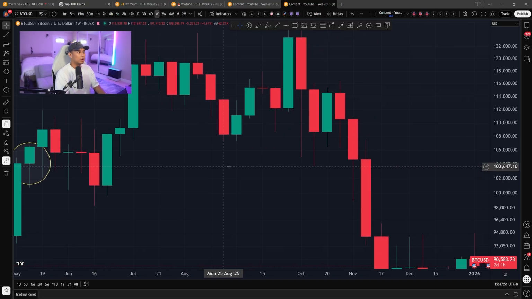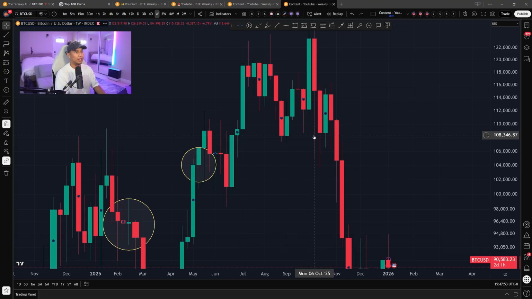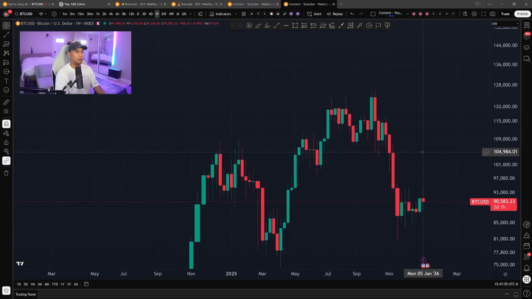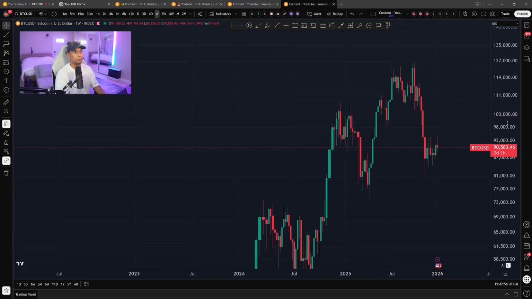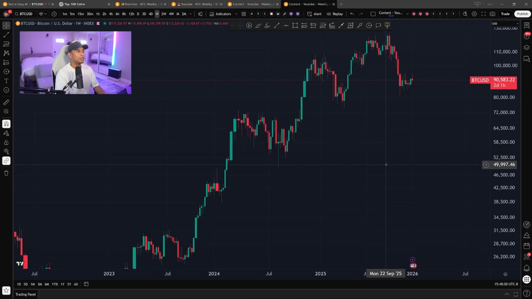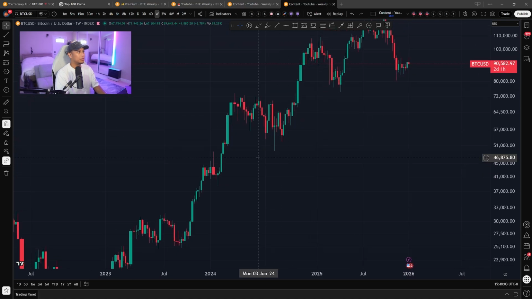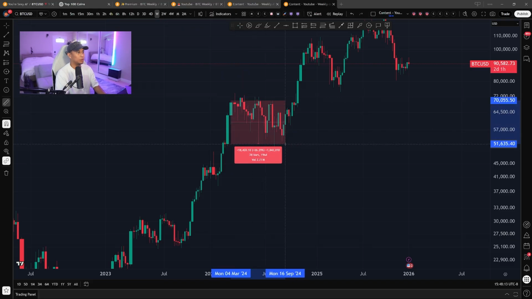Okay, now to combine things, let me zoom out and go back to more. I'm zooming the hell out of here. Let's use this area as an example. This was March 2024 to September 2024, around this time period.